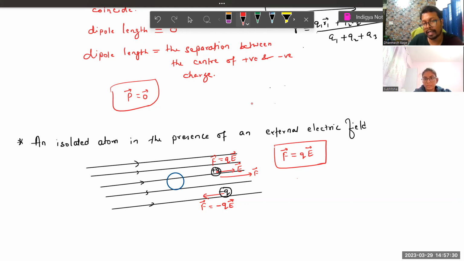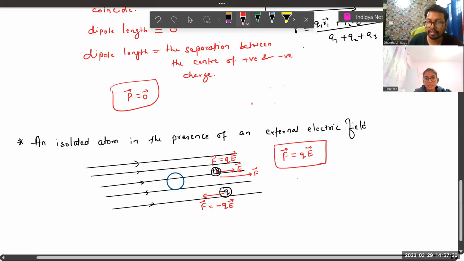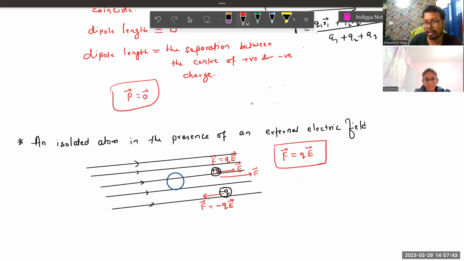While calculating the magnitude, I told you not to use the sign, right? Be careful, it is very confusing. When you already know the direction, you do not need to use the sign of the charge in the calculation of the magnitude. But if you don't know it, here you have to use the sign. While in the calculation, when you're only dealing with the magnitudes, you don't have to take the signs, right?